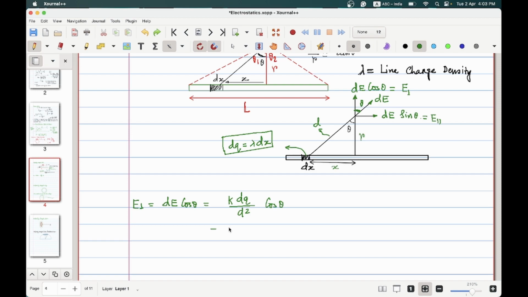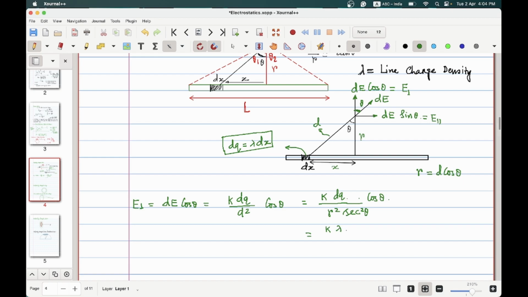Now what is d square in terms of r? r by d is equal to cos theta, so r equals d cos theta. So d square equals r square sec square theta.